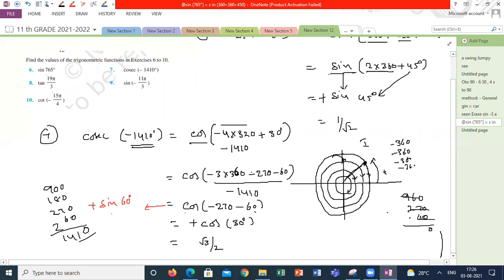The question is cosecant of minus 1410. Okay, yes, I'm just changing this. Can you write cosecant and let me know what the answer is? Same thing. If you try with cosecant, what is the answer? Same way. 2 by root 3.